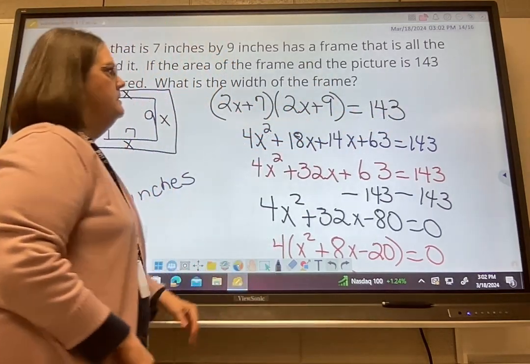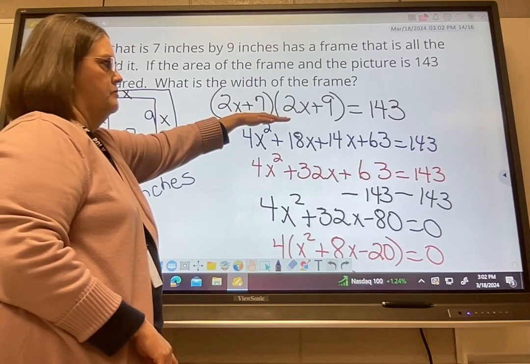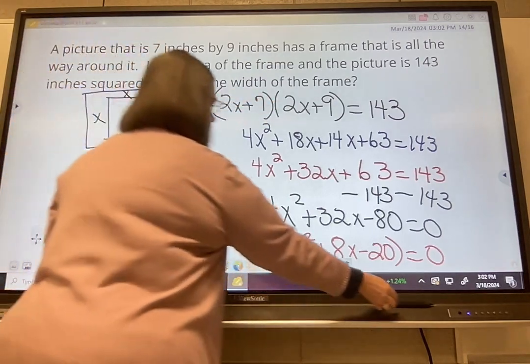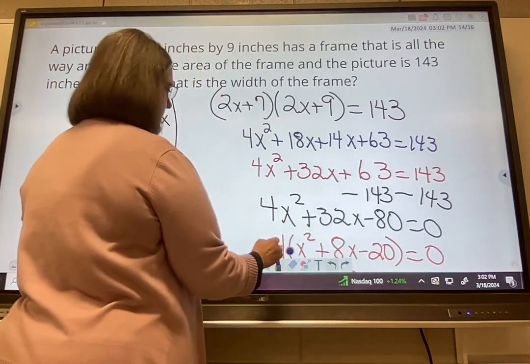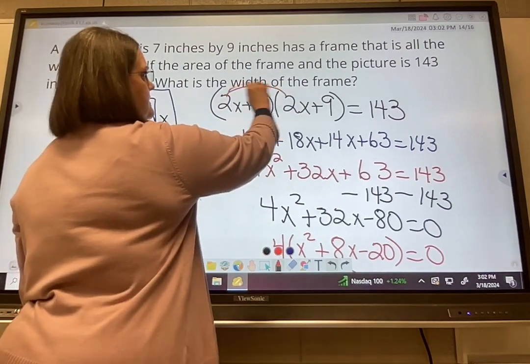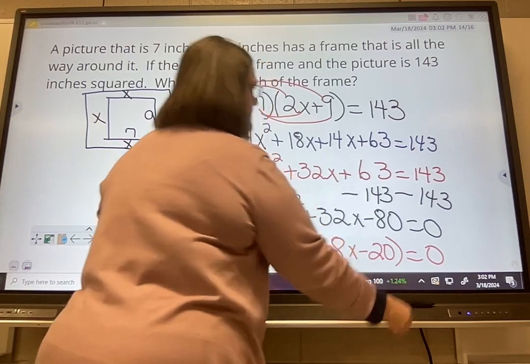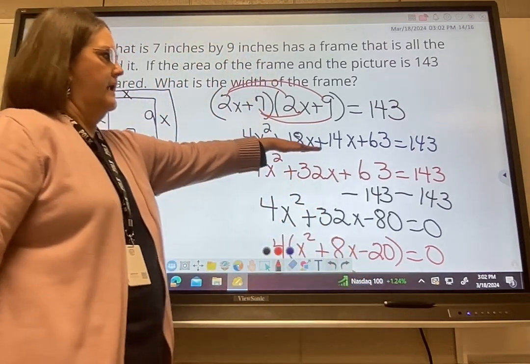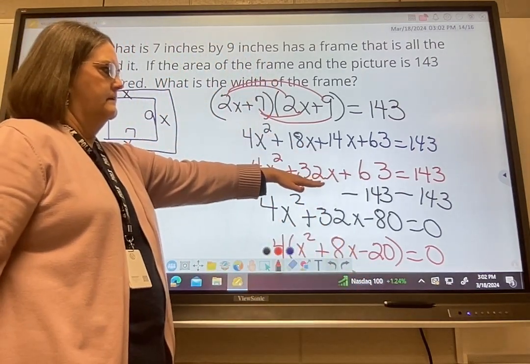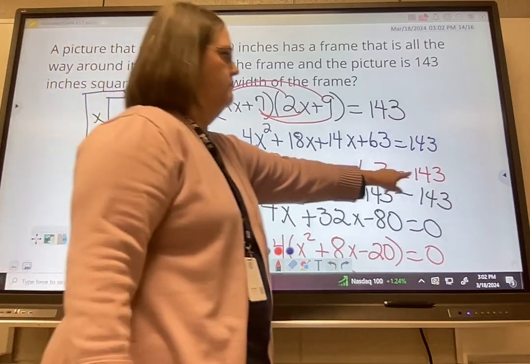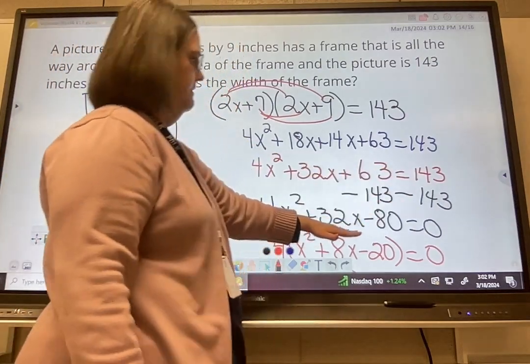So then you do the math where you multiply, and you've got to do this. Remember, we've done this already multiple times in class. So as you work that out, you get this. And then remember, we have to move 143 to the left, and that gives us this.